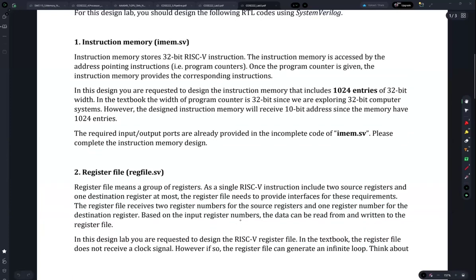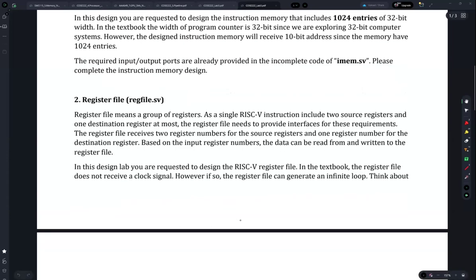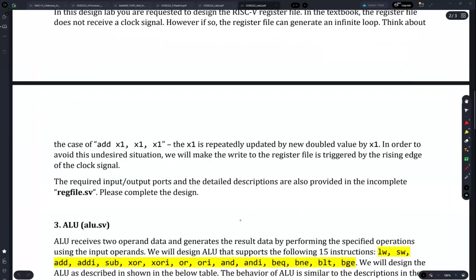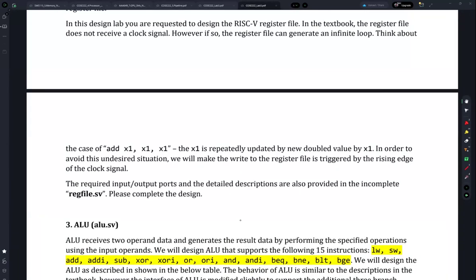For this data path element design, I already explained during the class how to design these hardware components. But this time, I will explain why we need to add the clock signal in the register file and data memory.